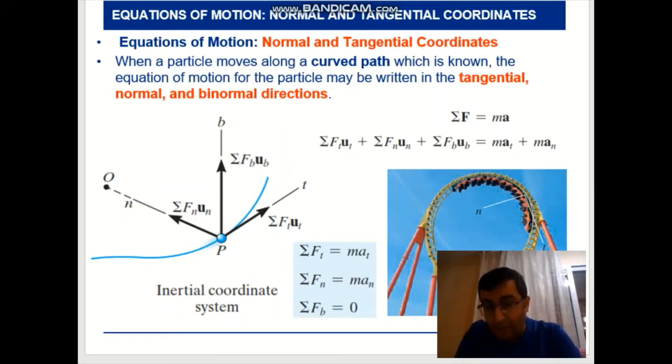This binormal direction in the curvilinear system is going to be 0. The force can be exerted in the x and y direction, but the net force is going to be 0. So we say Fb is 0, the normal force is m an, and the tangential is m at, the tangential acceleration.